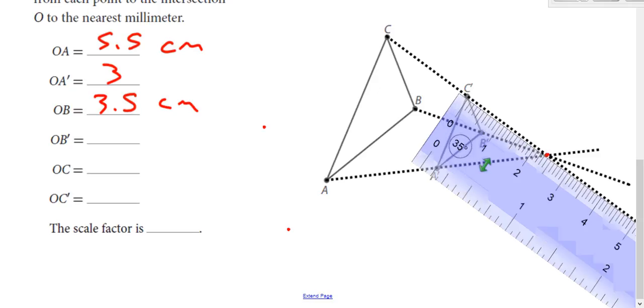So to get your scale factor, it's going to be a little bit tricky because the numbers don't work out that great. It's not like double. But you just put the ratio of the prime over the original, the image over the pre-image. So it'll be something like 3 over 5.5 will be your scale factor.